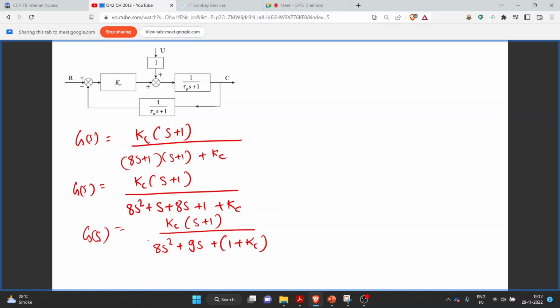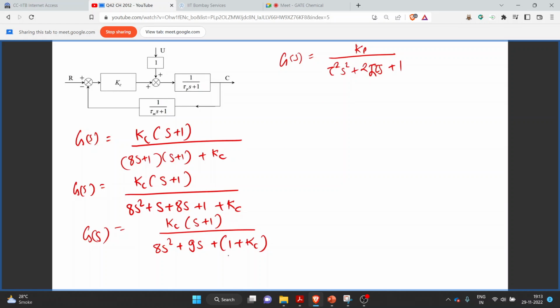Now from over here we can see that this is a second order system, and in general a transfer function of the second order system we can write it as Kp upon tau square s square plus 2 zeta tau s plus 1. So we need to change this equation in this form.